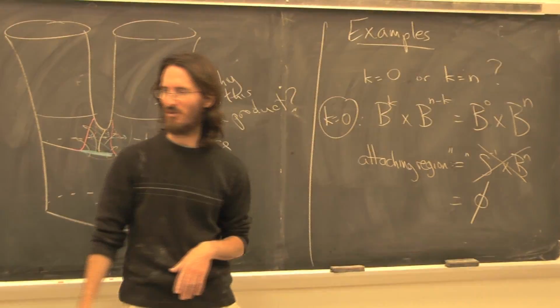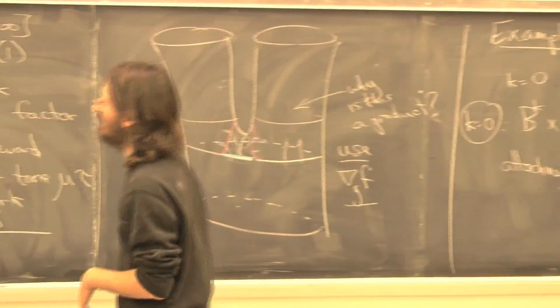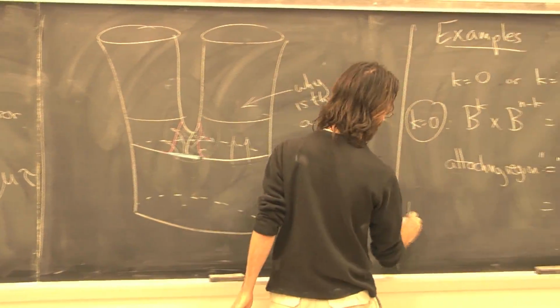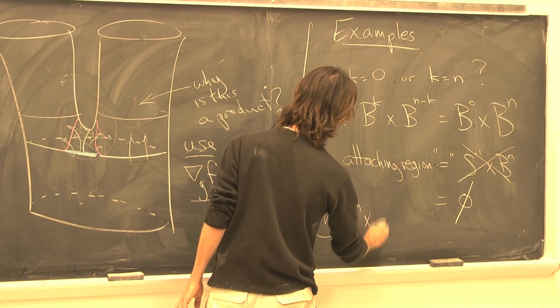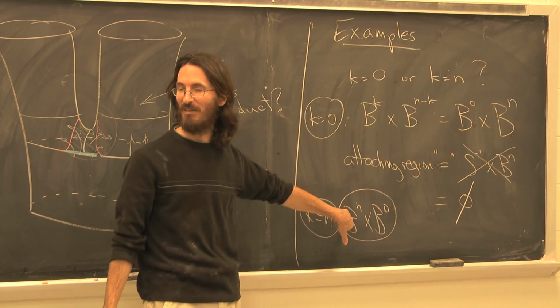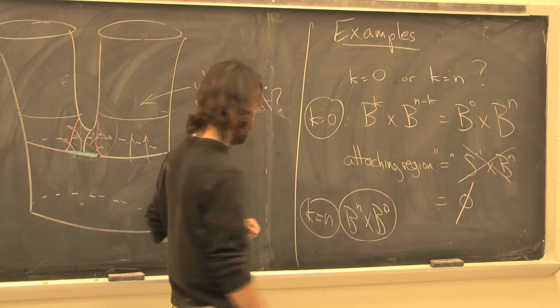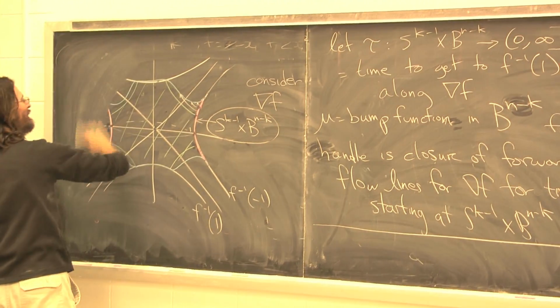I'm going to give you examples shortly, and hopefully it makes more sense. And then for k equals n, we have Bn cross B0, and now the attaching region is S^{n-1} cross B0, and the free region is nothing.